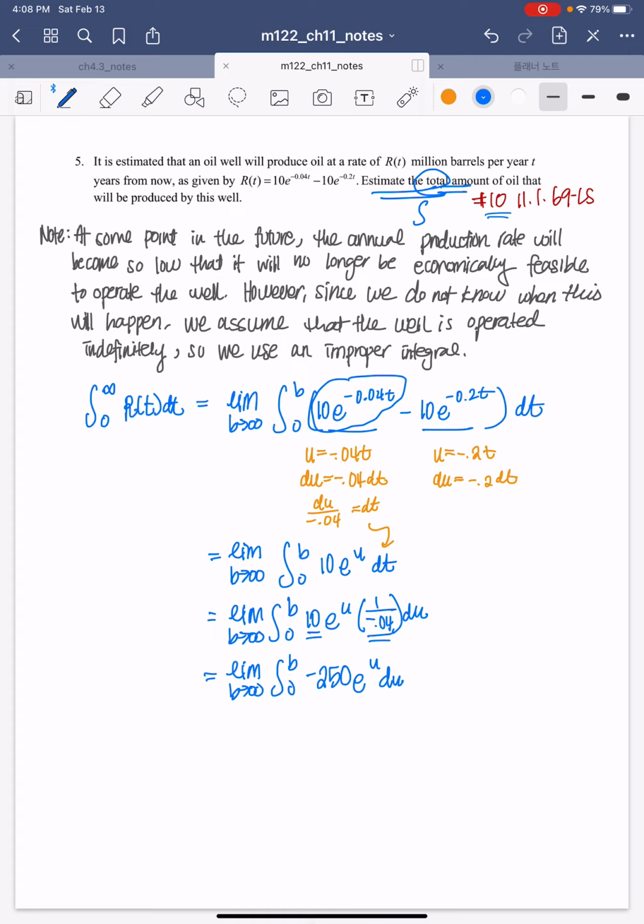Similarly over here, this part I haven't finished.